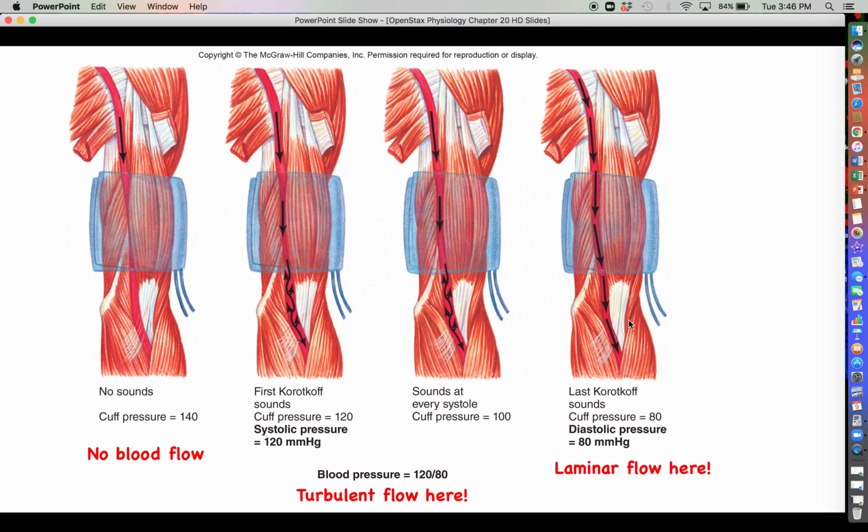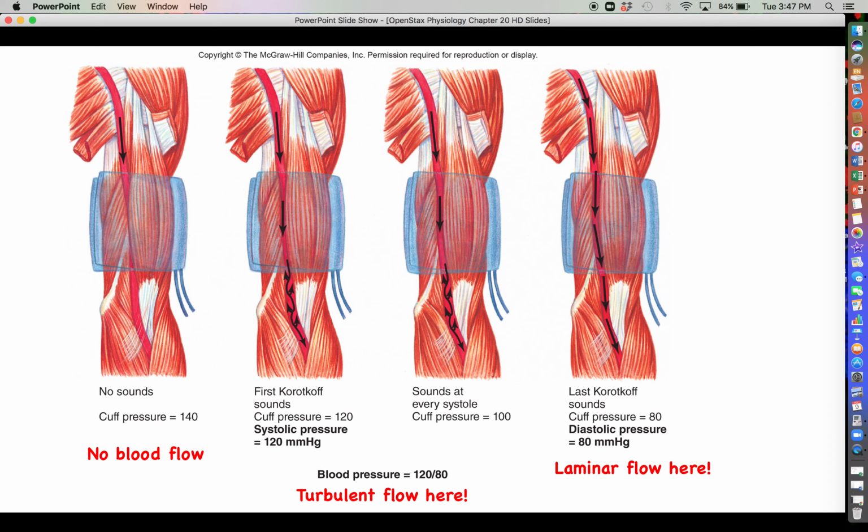Now what you are listening for is the exact moment at which the turbulent blood flow stops and turns instead into laminar blood flow. As soon as you stop hearing turbulent blood flow, again, stop what you're doing and look at the pressure gauge. Whatever the pressure is, that is your diastolic pressure.